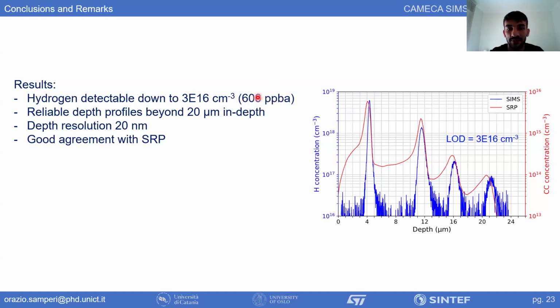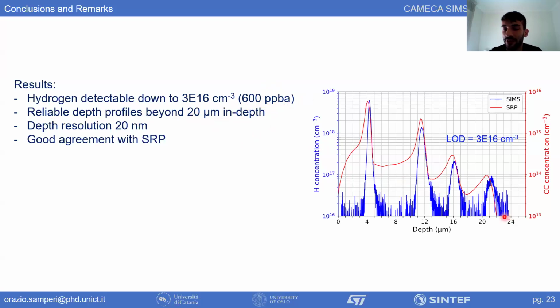For hydrogen in silicon, it means around 600 atomic parts per billion. And with these conditions, we can tell for sure that we are able to analyze beyond 20 microns in depth.